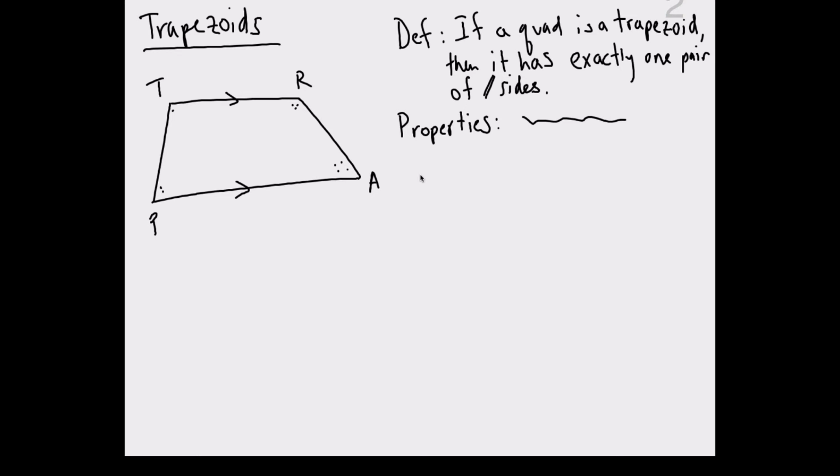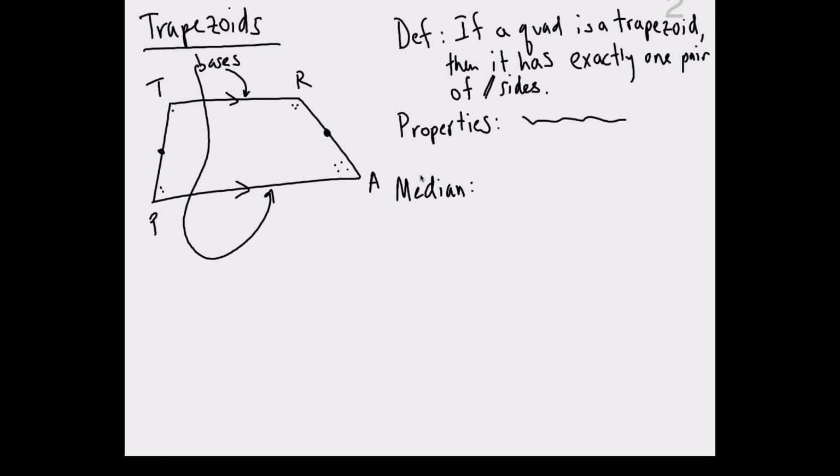However, we could do something interesting and introduce something called a median, which I don't really like when we use the same word for different things. But if I take the midpoints of these things, oh, by the way, the parallel sides are called bases. Bases here and there.